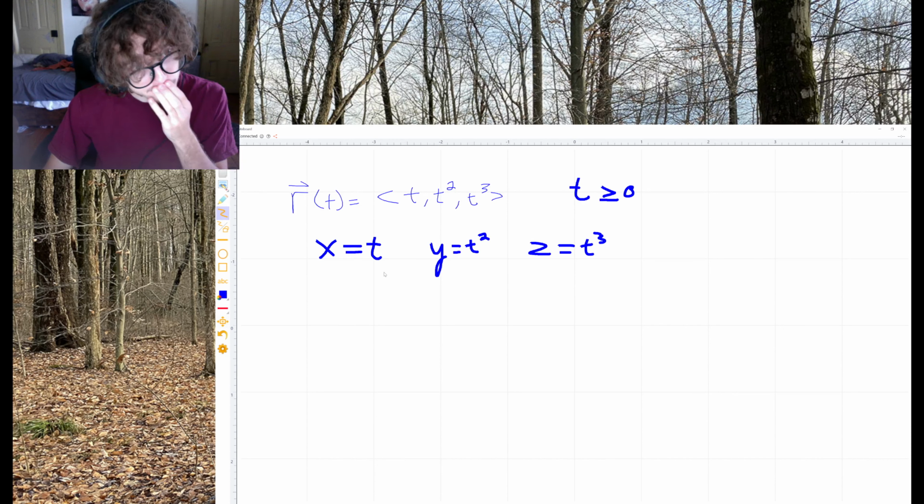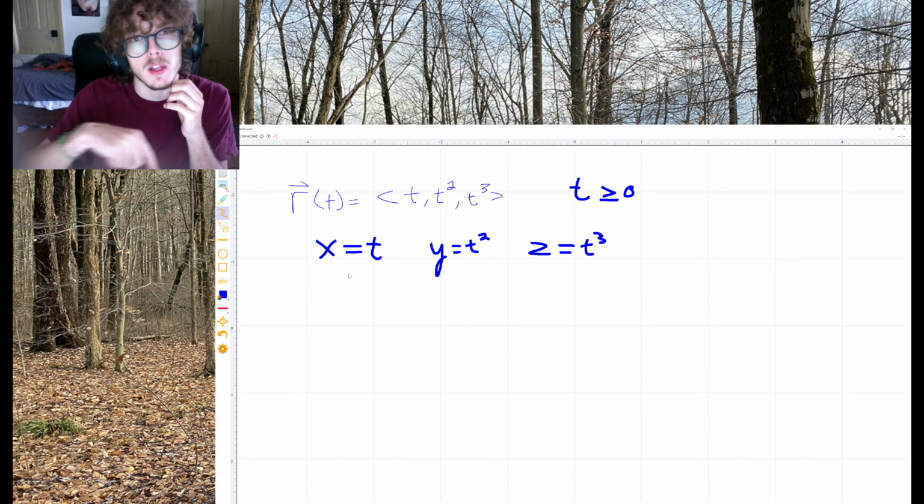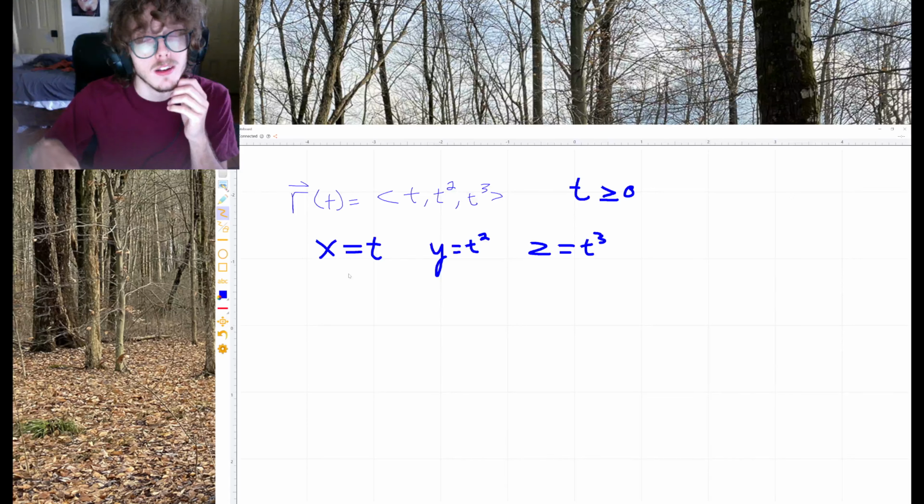Okay, so to visualize what's going on here, we're first going to identify a surface, because you've probably learned that vector functions lie on a surface in 3D. For this one, it's going to be a cylinder, a parabola on the xy plane shifted along the z.